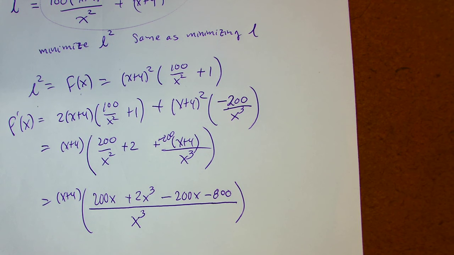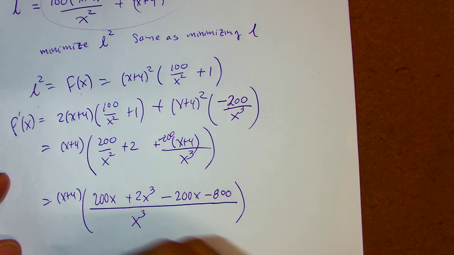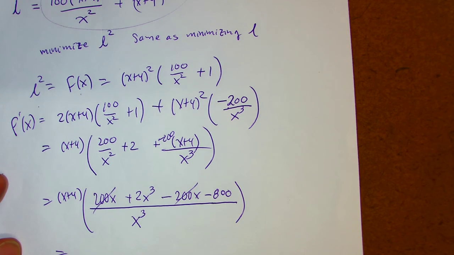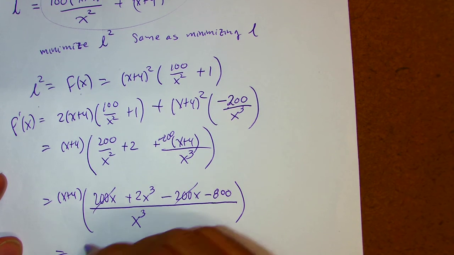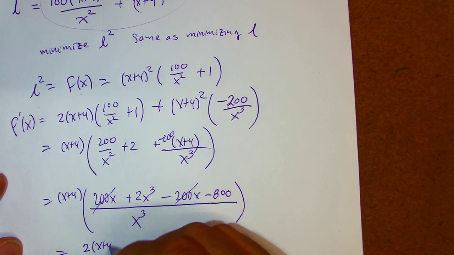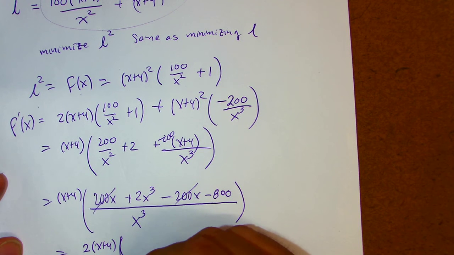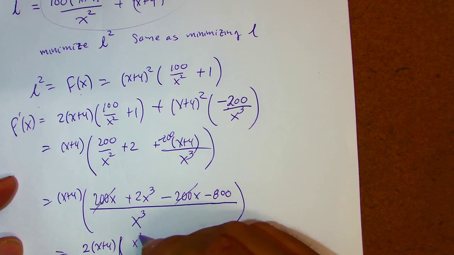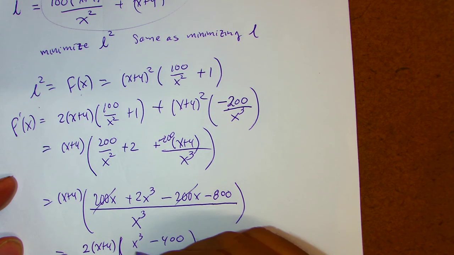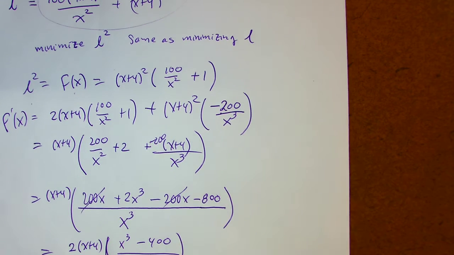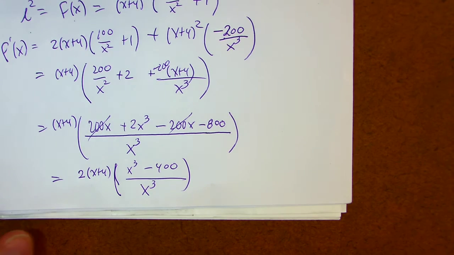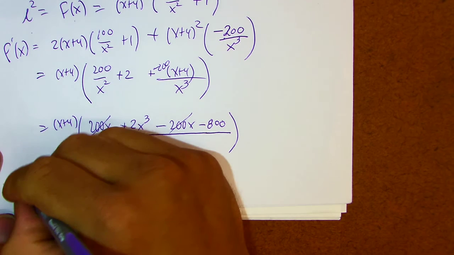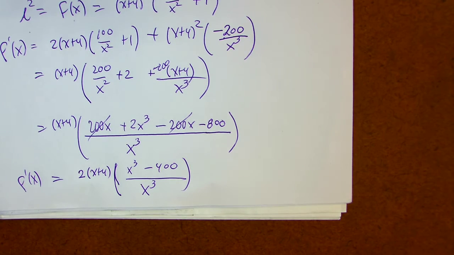All right, so it's not as bad actually, because now what we see is going to happen, that will simplify. And these two have a factor of 2. So let me take that out here. All right, so now we have that as our function here.